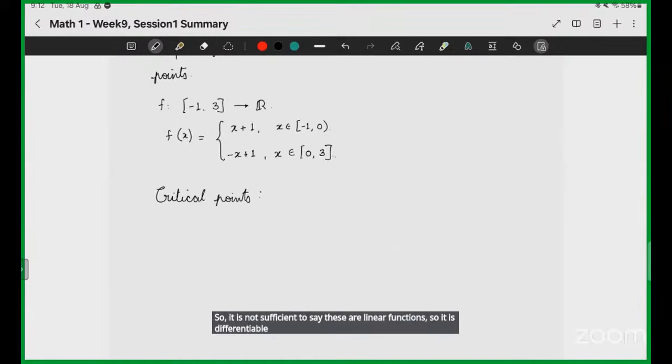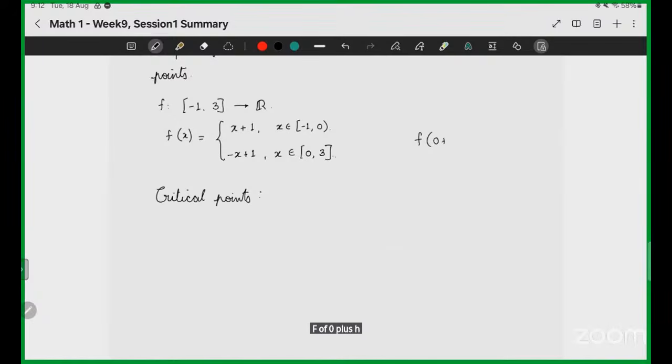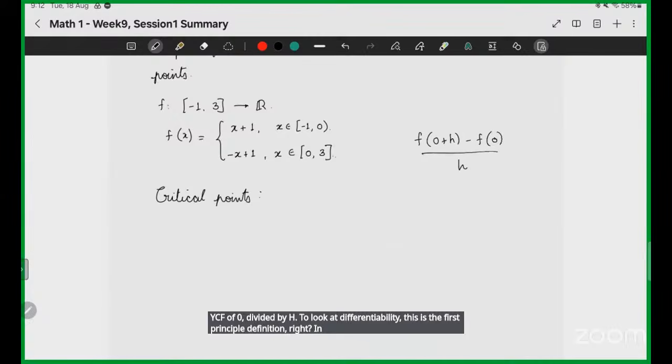The most proper way to do it would be to look at f of 0 plus h minus f of 0 divided by h. To look at differentiability, this is the first principle definition, right? In this case, f of 0 is 1. So you'll have f of h minus 1 divided by h.